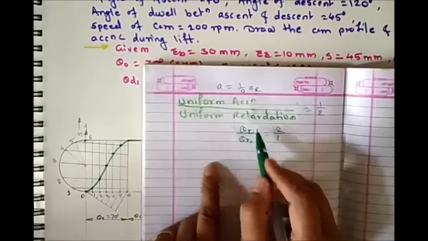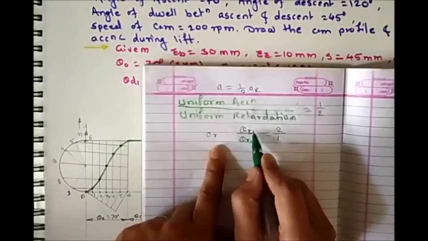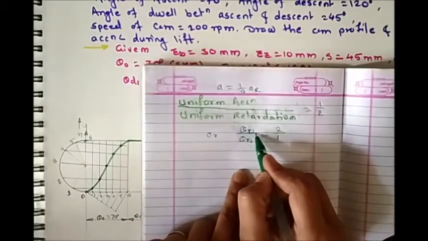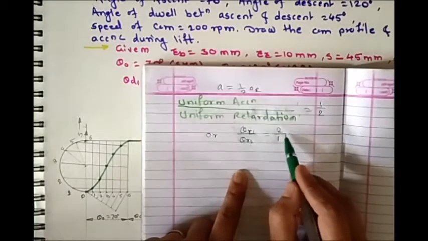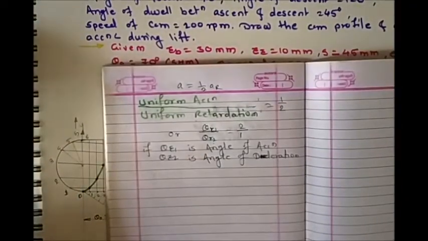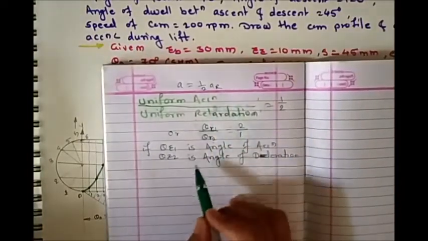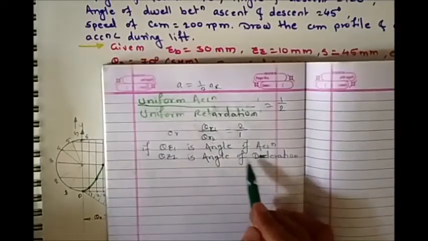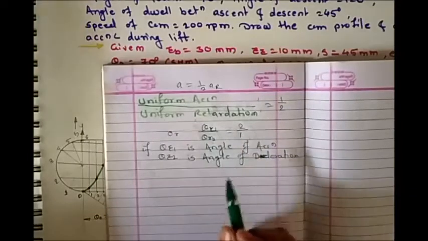Or in other words, we can say that theta r1, that is the rotation angle of the cam during the acceleration, to the rotation angle of the cam during the retardation is 2/1. So this is the criteria. As acceleration is half of retardation, theta r1, which is the angle of acceleration, and theta r2, which is the angle of deceleration, are in the ratio 2/1.